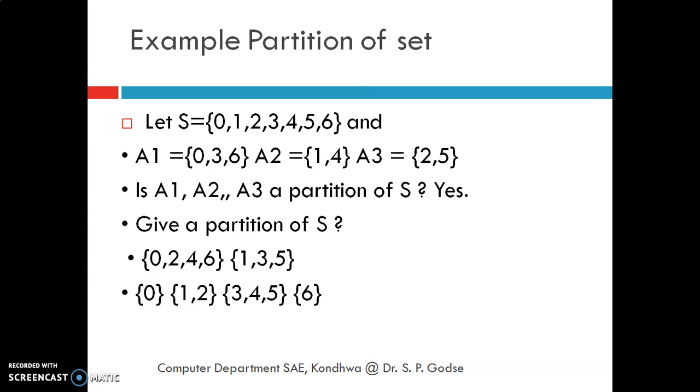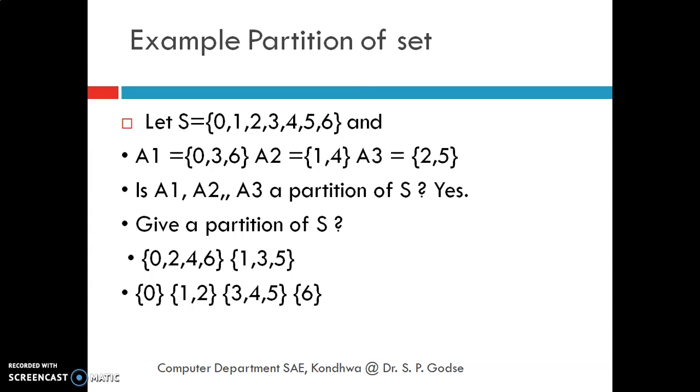Consider an example for partition of the set. Let S be a set which contains elements 0, 1, 2, 3, 4, 5, 6, and A1 is a subset of the given set. It contains 0, 3, 6, A2 contains 1, 4, and A3 contains 2, 5. So these can be treated as a partition of the set S because they do not contain any common element.